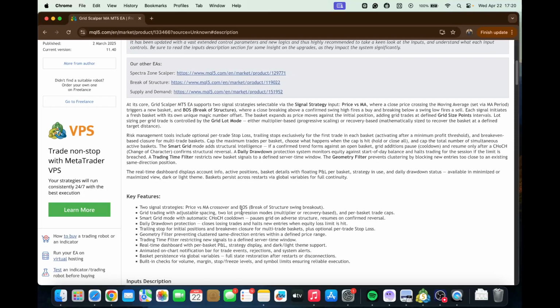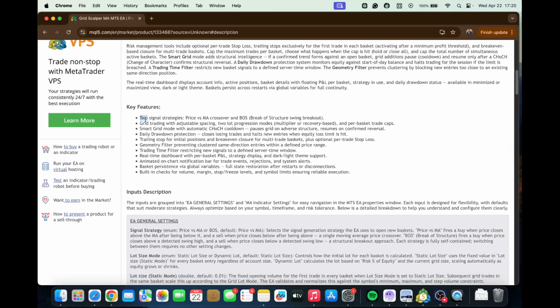Talking about the settings, let's look more into the settings. We have key features here marketed by the developer Mr. Alan, and they've added quite a few control features. We have the smart grid mode with CHoCH, which is the change of character, and this pauses adding new grid levels when structure turns strongly against your basket and only resumes after a reversal is confirmed.